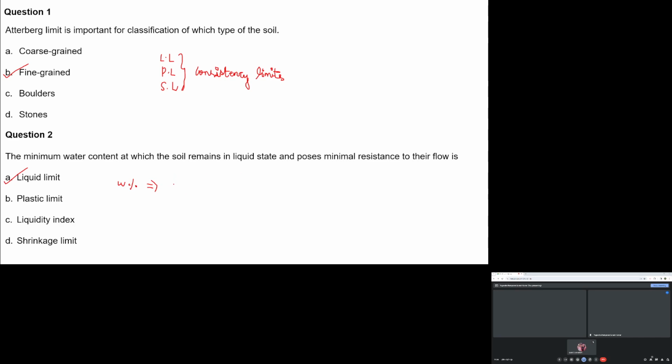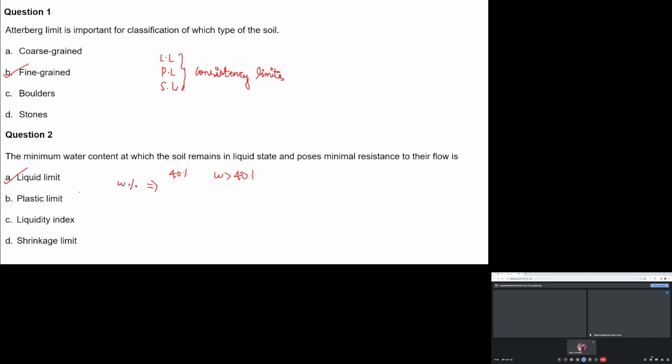For example, when the liquid limit of a soil is 40%, that is when the soil reaches just 40%, the soil will start to behave as a liquid, and this behavior will continue for water content greater than 40% also.